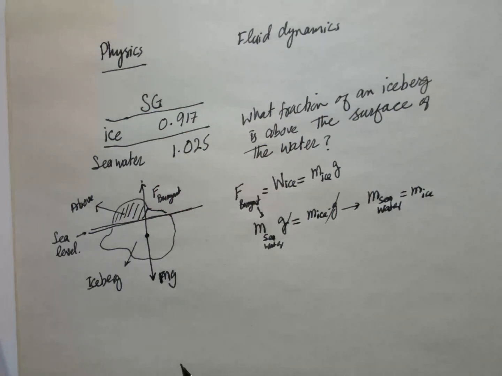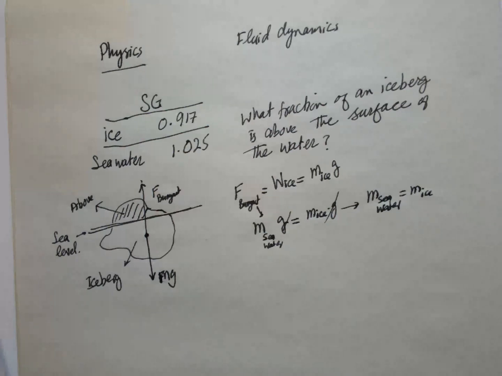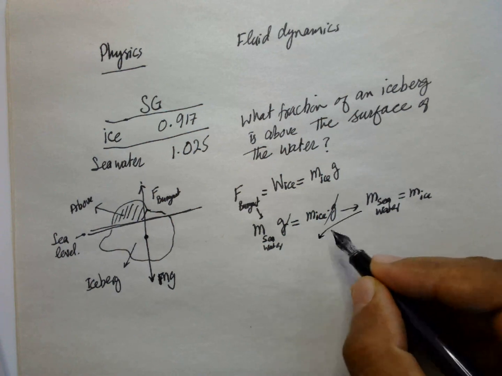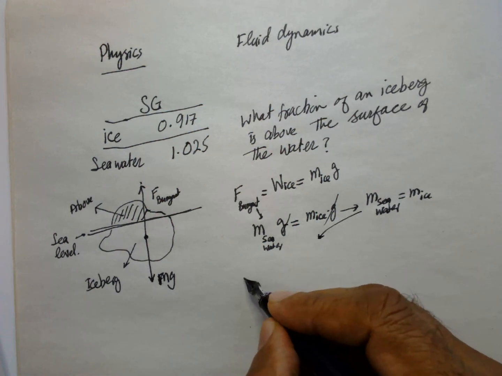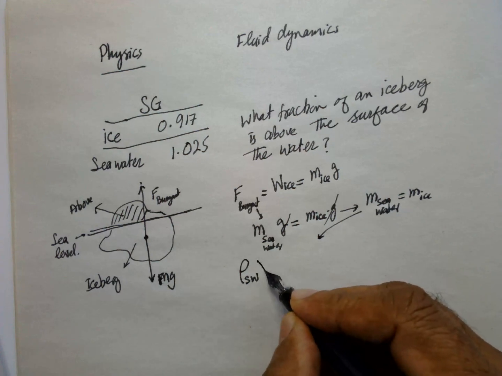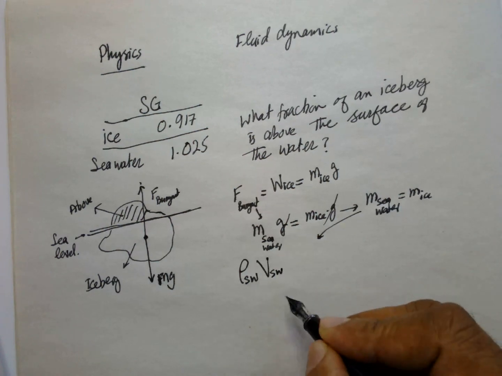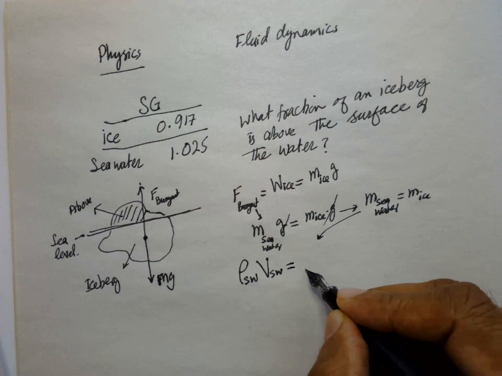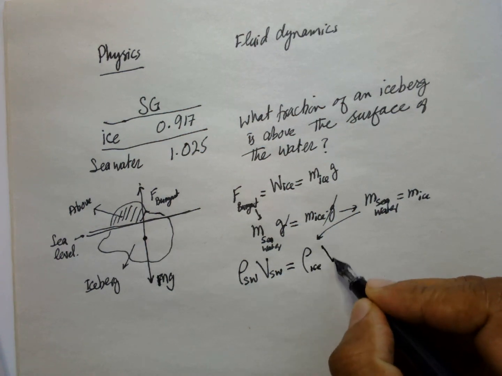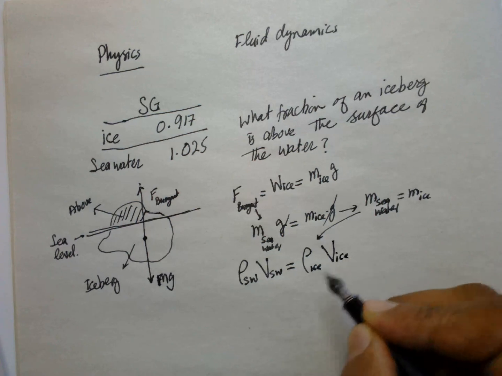So this can also be expressed, the mass in terms of density of seawater into volume of the seawater is equal to the density of ice into volume of the ice.